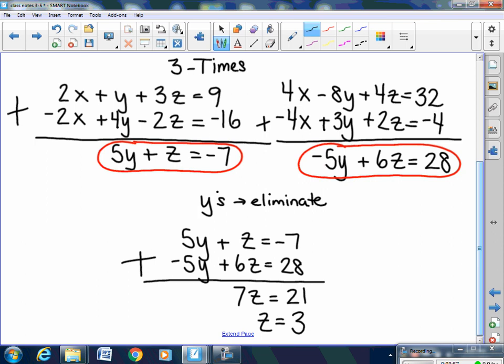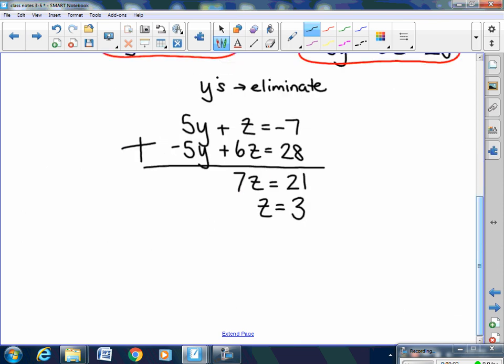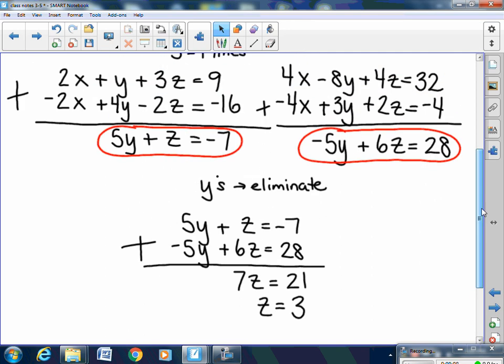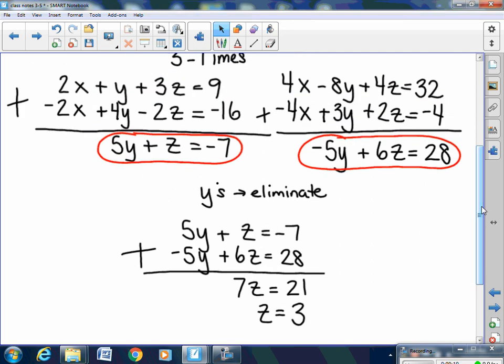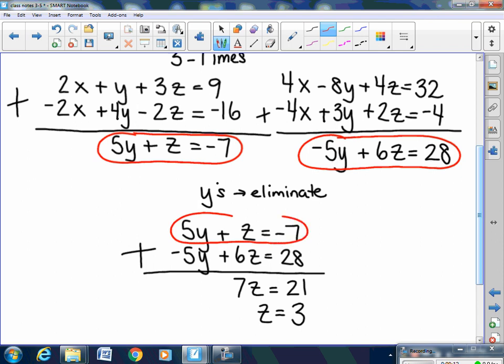But we're not done, because we need to find the other letters, or variables. So I found z equals 3, and it doesn't matter where I go, but I need to go back up into one that only has one variable. I can go back up into this one, or this one.